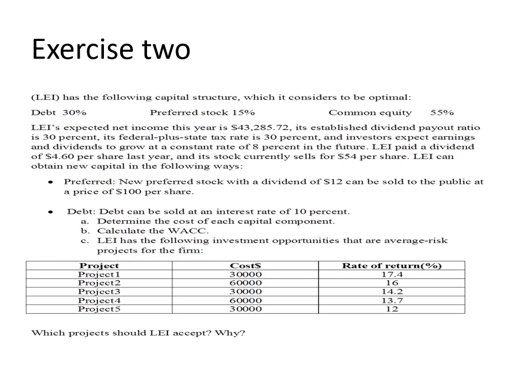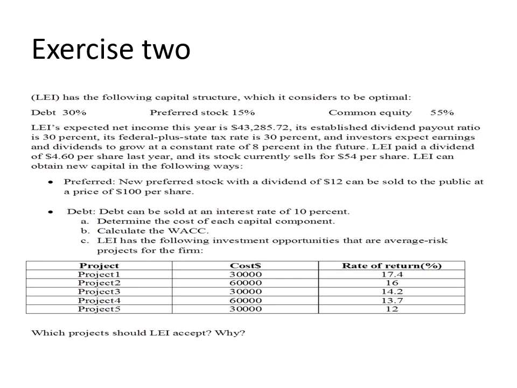Exercise 2 is going to show you company LEI has the following capital structure, which consists of 30% debt, 15% preferred stock, and 55% common stock.